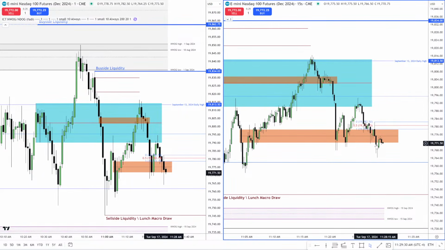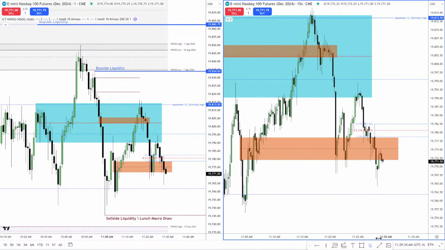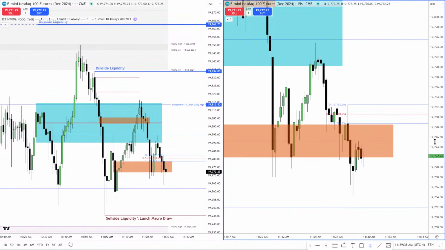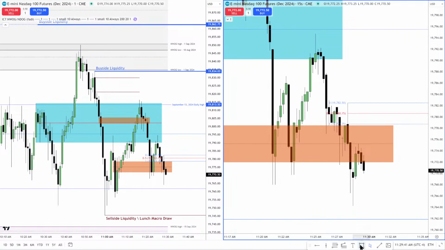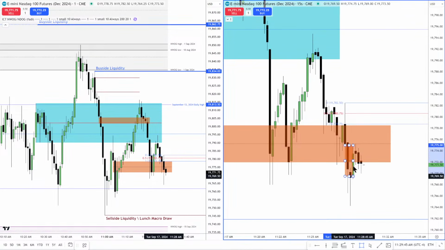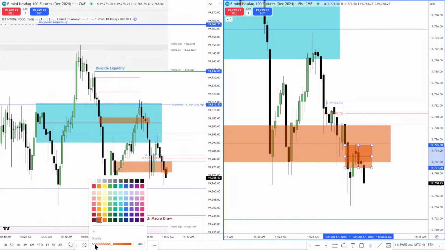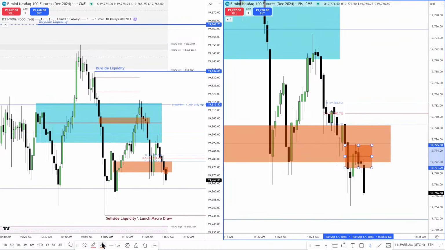It's this fair value gap there. TradingView, come on now. This is the gap, right there. That's how I was eyeballing. There you go.